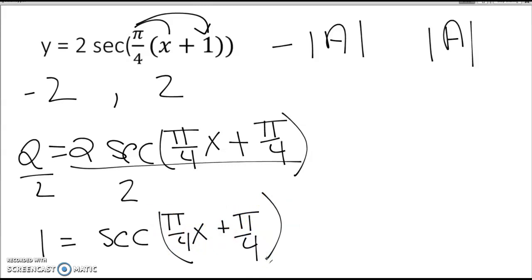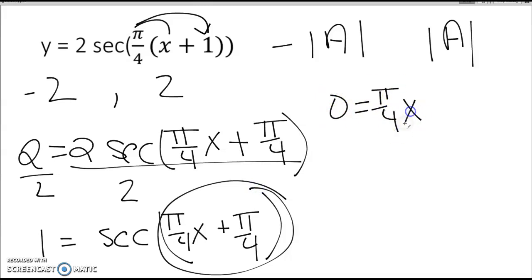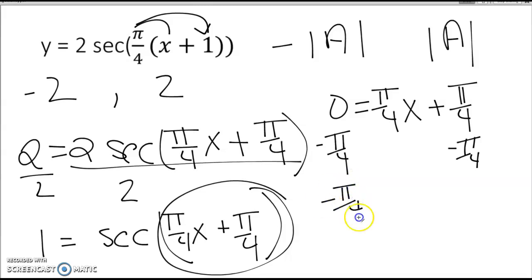And I want to ask myself, when I look at the unit circle, where does secant equal 1? Well, one of the places that it equals 1 is 0. So we'll set this section equal to 0 so we can find out what x could be. So we'll say 0 is equal to pi over 4x plus pi over 4. Subtract pi over 4 from both sides, and I get negative pi over 4 equals pi over 4x.